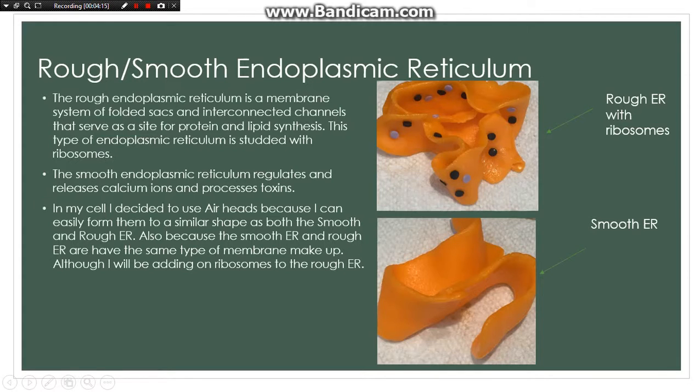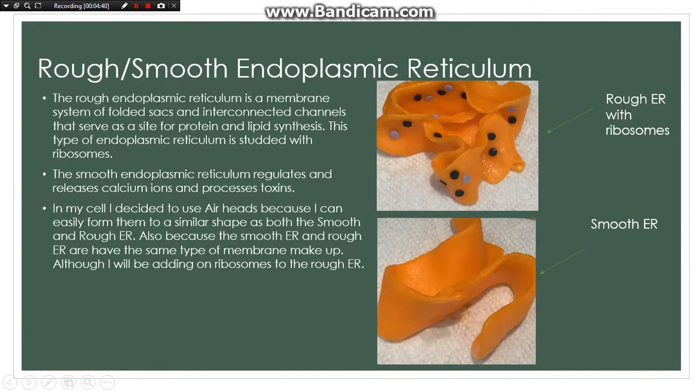So as you can see, here are some of the folds in the rough ER, and these little dots right here are the ribosomes. The smooth endoplasmic reticulum regulates and releases calcium and detoxifies toxins. So this right here is smooth. It doesn't have any ribosomes like this one does.